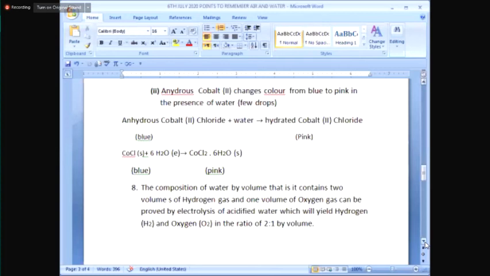I think I missed the word chloride while typing, so it is anhydrous cobalt 2 chloride. Anhydrous cobalt 2 chloride changes color from blue to pink in the presence of water, a few drops. Again, I have given you the word equation, which states anhydrous cobalt 2 chloride plus water giving us hydrated cobalt 2 chloride, from blue to pink.